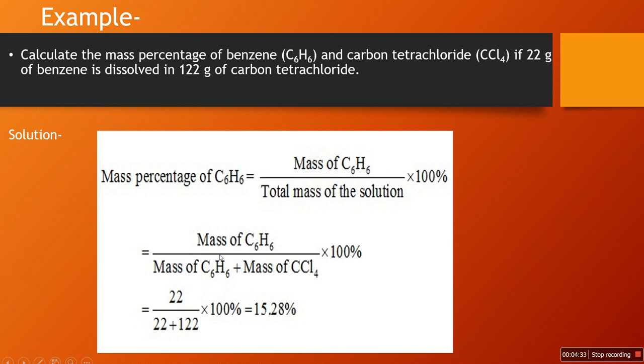Here we know the mass of benzene is 22 grams and the mass of carbon tetrachloride is 122 grams. By putting the values of benzene and carbon tetrachloride in the formula, we can easily calculate the mass percentage.